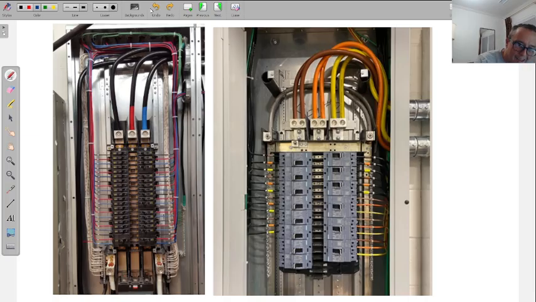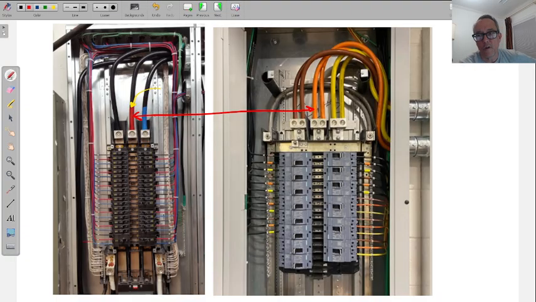Now, the one on the right, I could also identify as a Y transformer, even though if you open up a high leg delta panel, it is going to have black, red, blue. Actually, it might not have red here. Usually they try to identify the high leg, which, by the way, was an exam question. The high leg's on the B phase, with another color, usually orange.